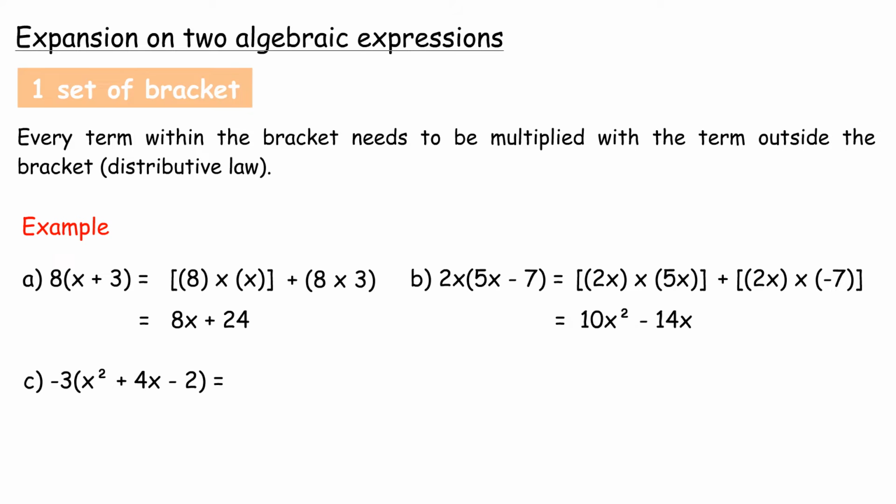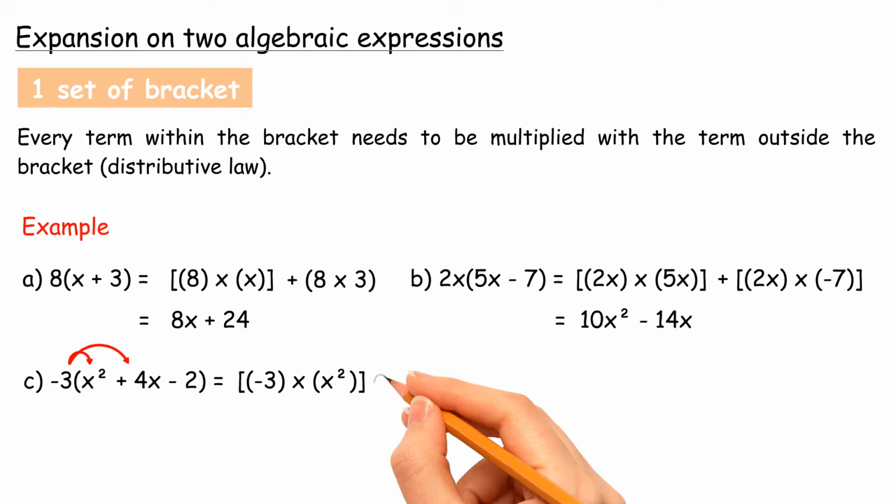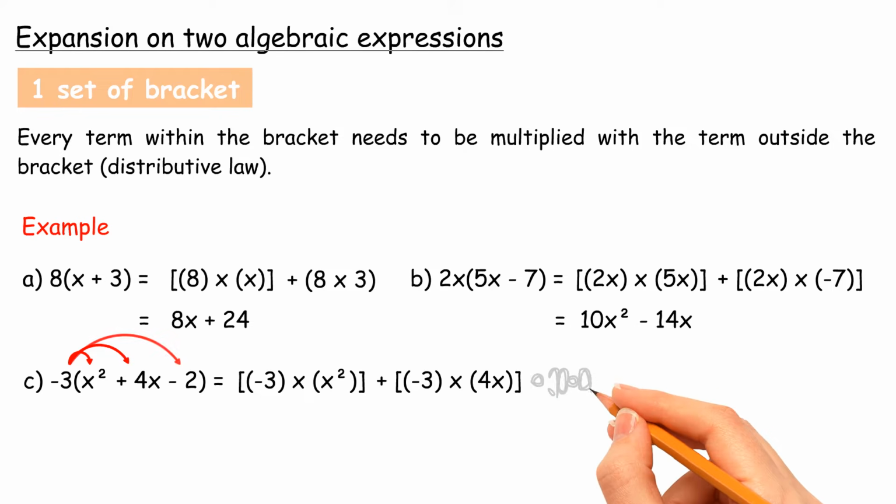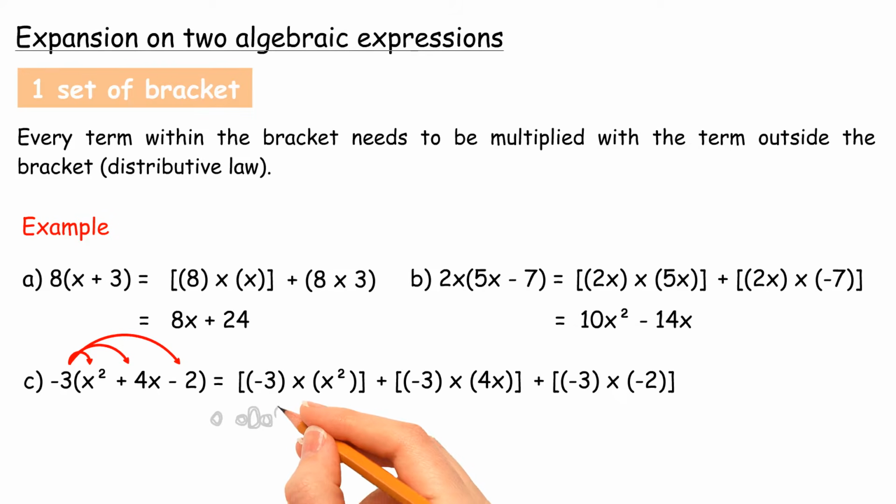Example C. -3(x squared plus 4x minus 2) equals -3 times x squared, plus -3 times 4x, plus -3 times -2, equals -3x squared, minus 12x, plus 6.